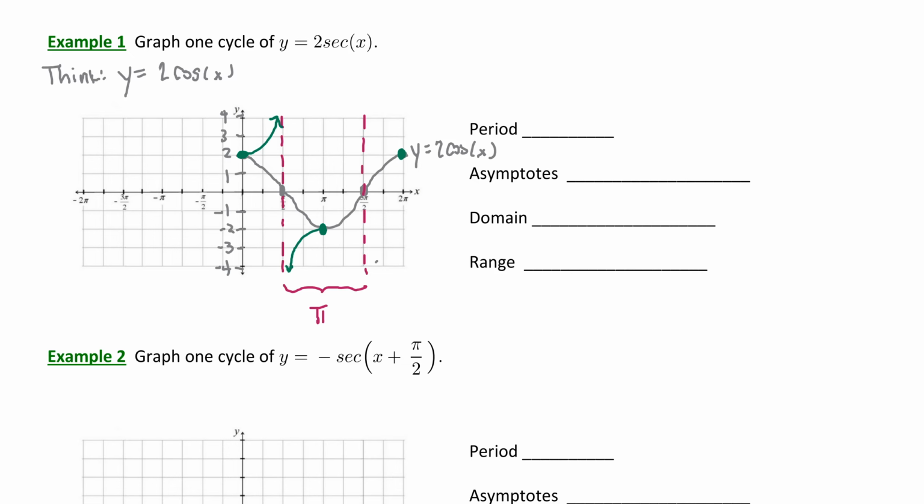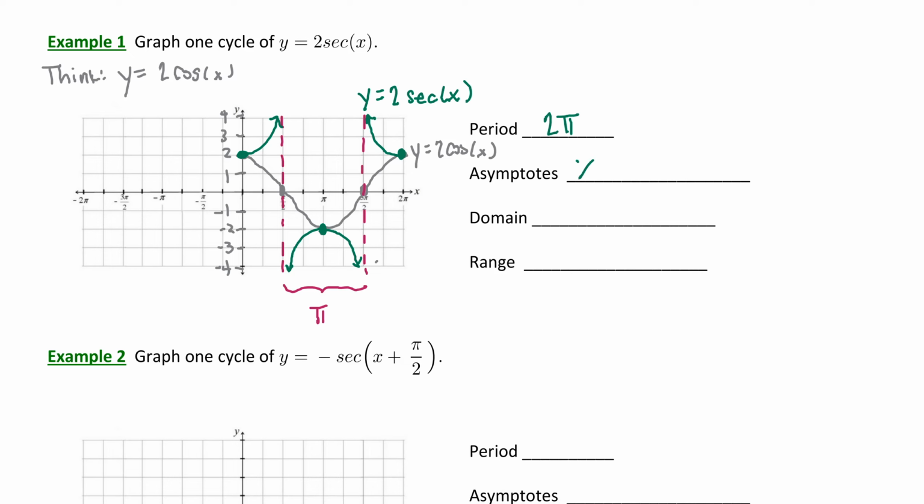So I'm going to form the graph of secant just as a sketch here in between the boundary lines of those asymptotes. So the gray curve there is 2 cosine of x. The green curve is 2 times secant of x. Now, the period of secant of x is 2 pi, just like it is for cosine.